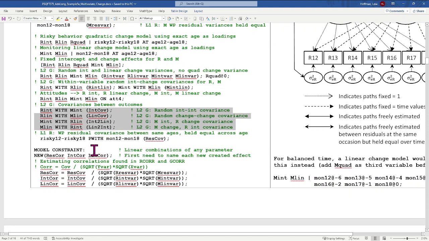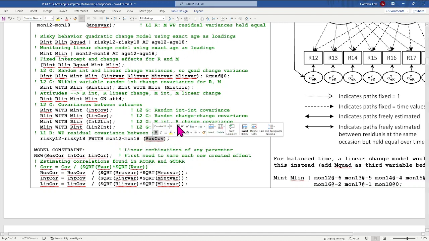Finally, at level 1, I have the within-person association as a covariance pairwise between the same occasions. So "pwith" means pairwise with, so it's like 12 with 12, 13 with 13, and so on. And then the common label for all of these constrains them to be equal, and it's labeled as rescov.